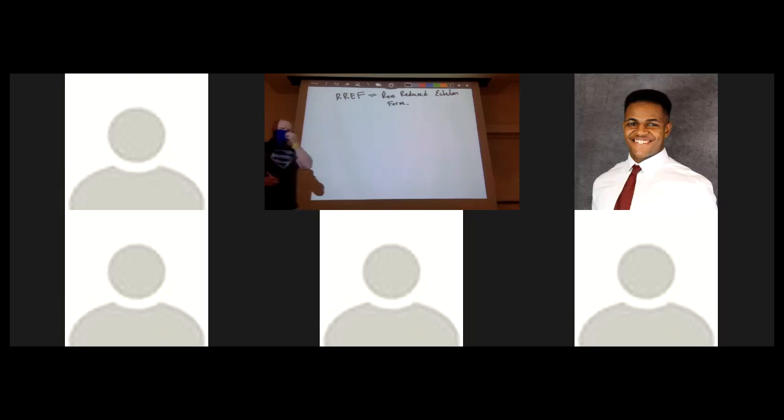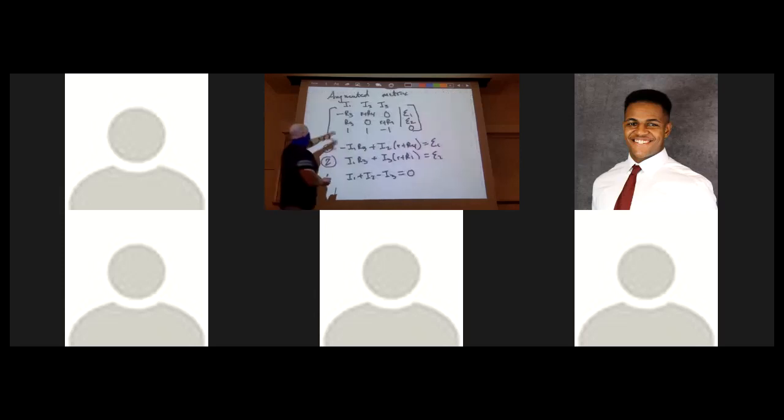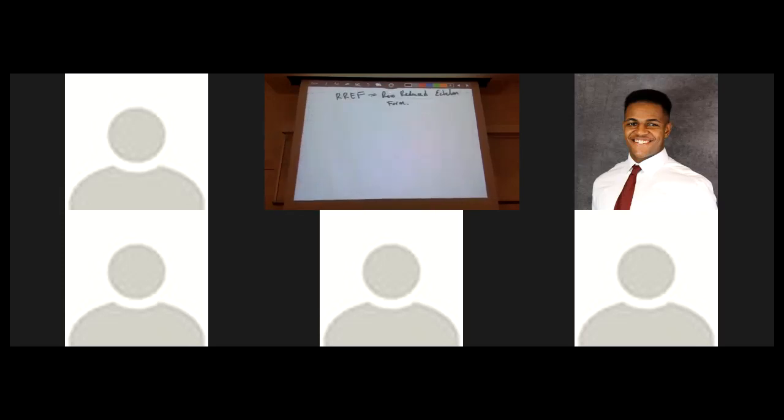What row reduced echelon form is, it's a step of mathematical steps where essentially what your calculator is going to do is it's going to turn this matrix into a matrix that looks like this: 1, 0, 0 number, 0, 1, 0 number, 0, 0, 1. And let me put in the numbers from my actual slide.